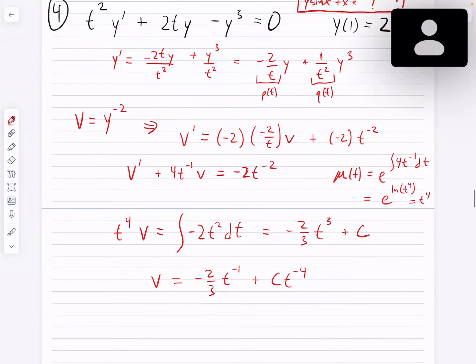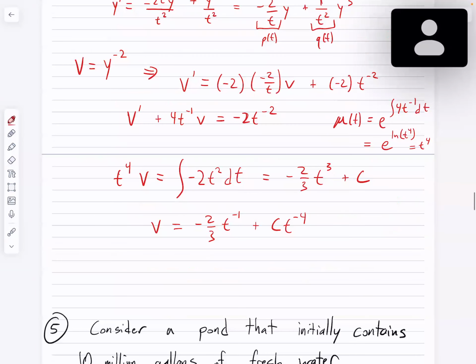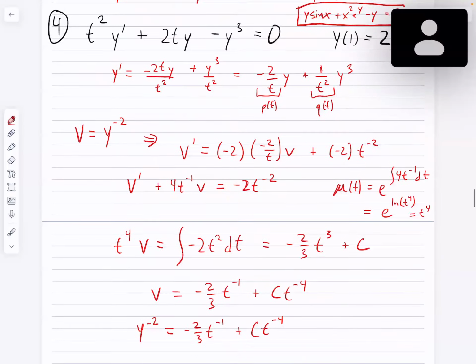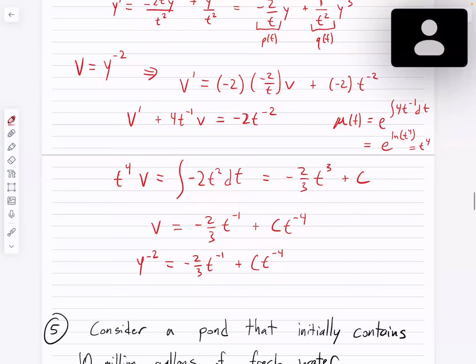Final step now is to plug back in what y is. So y to the minus 2 is equal to negative 2/3 t to the minus 1 plus c t to the minus 4. And then we could solve for what c is by plugging in the initial condition that y of 1 equals 2.